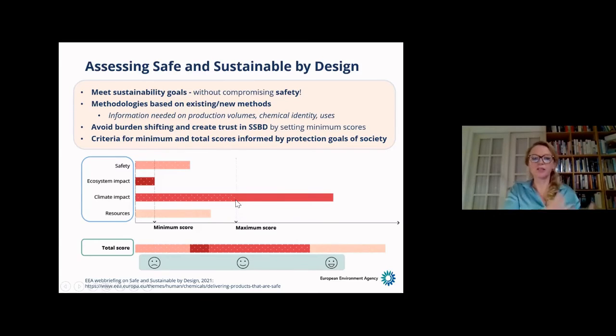So within each category, you can only get a maximum set of points that allows you to calculate a total score. And these criteria for the minimum and total scores should really be informed by the protection goals of society. How much do we want to protect biodiversity? How much do we want to protect human health, etc.? That is not a scientific decision only. This is also a societal decision.